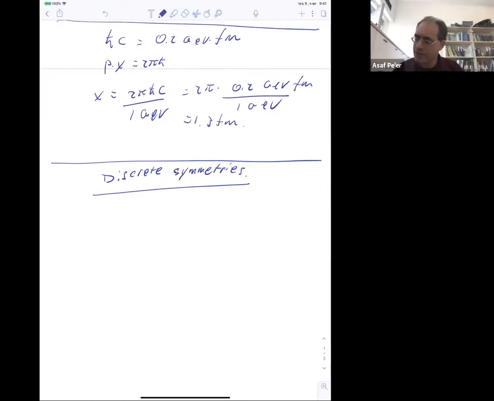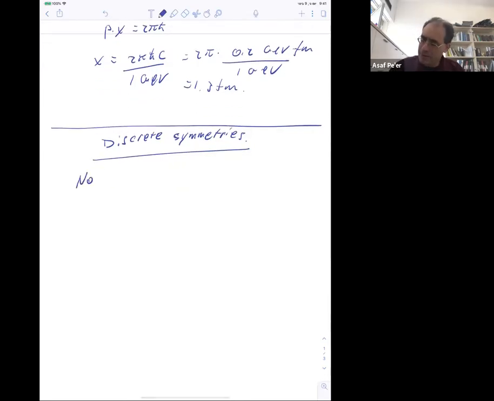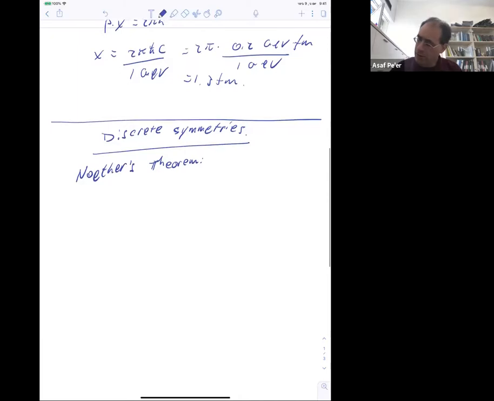I don't know if you've seen that. Noether's is Emmy Noether. It states that to every symmetry there is an associated conservation law.